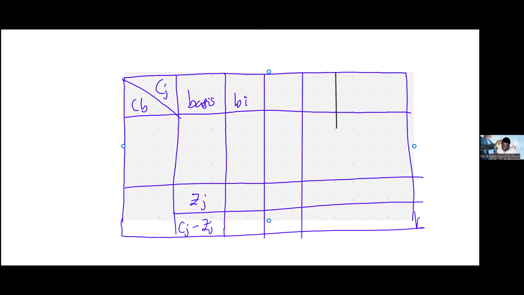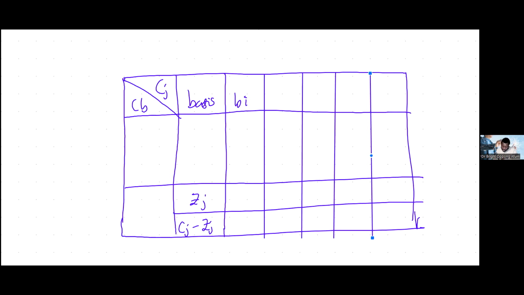So we'll have this tableau, and we divide this according to the number of columns and rows that we have. The number of rows is simply the number of constraints, and the number of columns is the number of decision variables per the objective function, and also the resources.